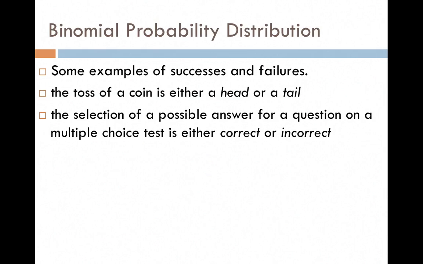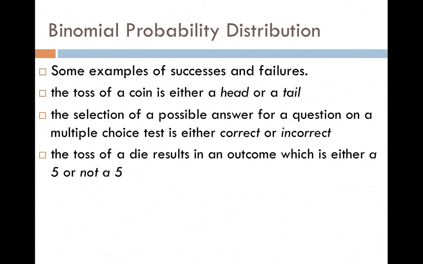The selection of a possible answer for a question on a multiple choice test is either correct or incorrect. So you have 4 choices on a multiple choice. Let's assume that there are choices A, B, C, and D. One of those choices is correct, and we can say that's considered the success. And the other 3 are failures. So those would be the wrong answers.